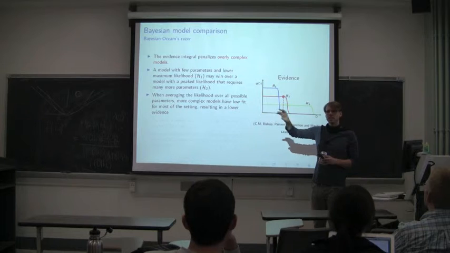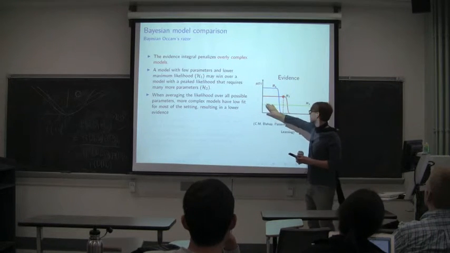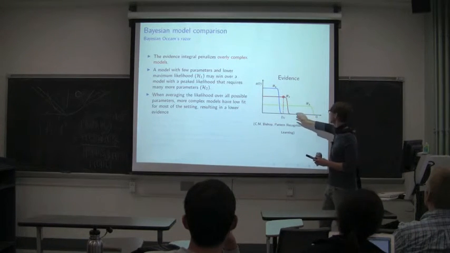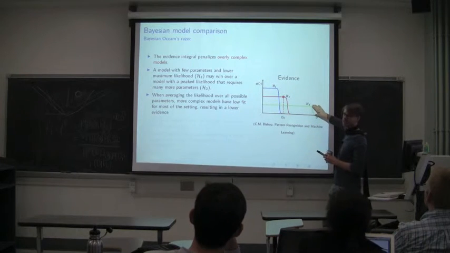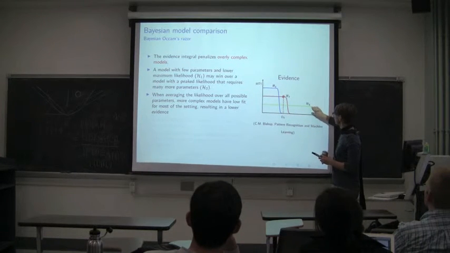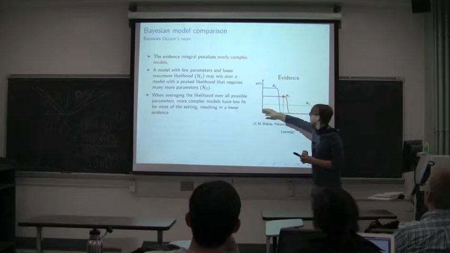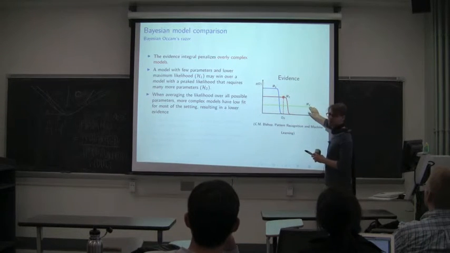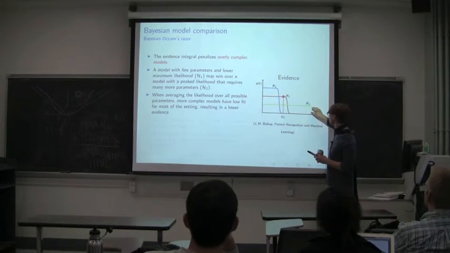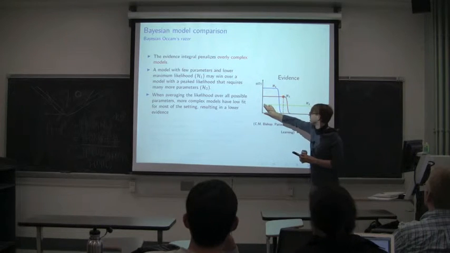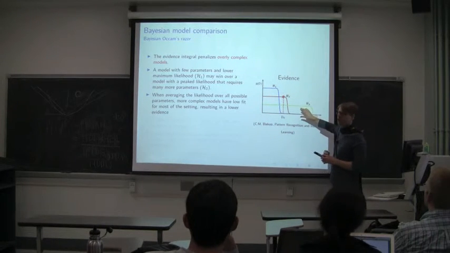But we know that if we integrate over all the data sets, this integral has to be 1. So if you have a very complex model that you can fit to many data sets, you have to normalize this integral such that it is 1. So the evidence gets very small.